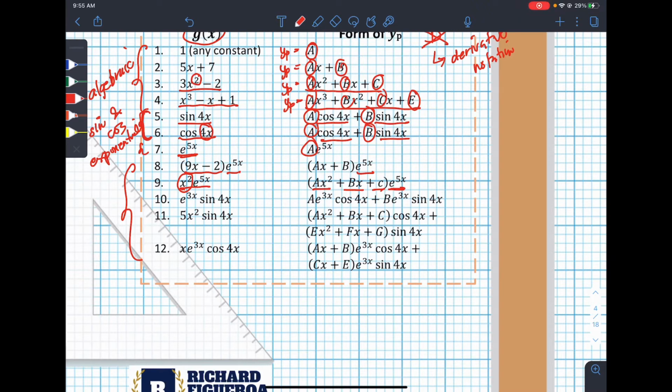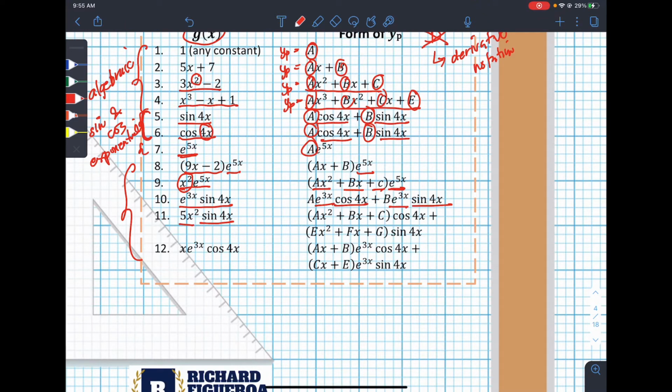Nagre-reduce pa rin yung degree ng variable x natin. So, what if a product of exponential and sine? Ganun pa rin. Ang sine may kasama laging cosine. So, yung sine, nakamultiply sa exponential, at saka yung ka-pair niyang cosine, nakamultiply din sa exponential. So, what if it is a sine and algebraic?